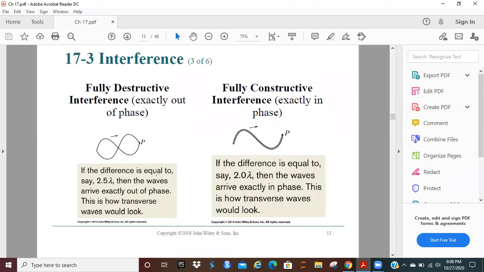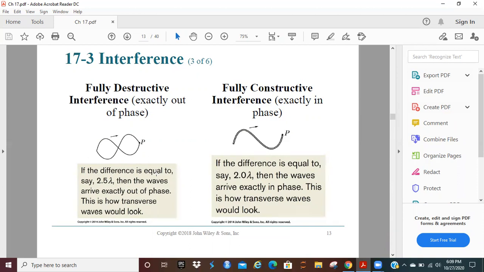Now, if we're looking at a situation of fully destructive interference where they're exactly out of phase, say 2.5 wavelengths, then you can see in the diagram on the left how the transverse waves are going to look. They're going to be completely out of phase with each other.